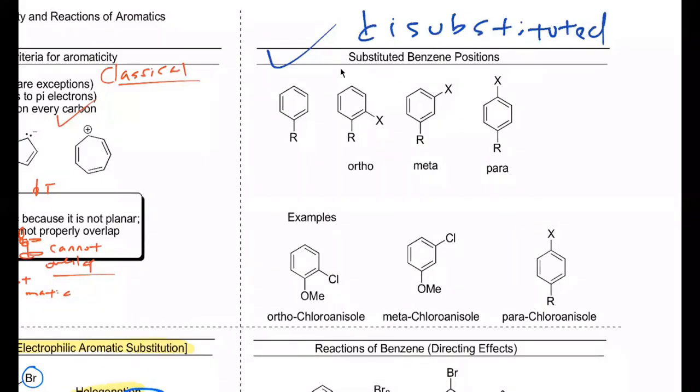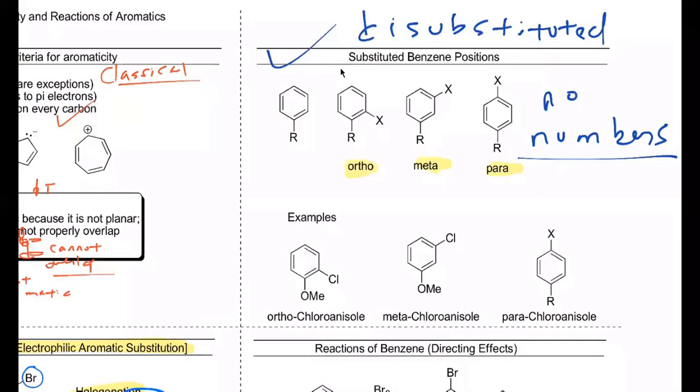The key to naming the disubstituted rings is to know what the name of each position is. So you have what's called the ortho position, the para position, and the meta position. When it's disubstituted, there are no numbers. You're either going to use an O, a P, or an M.